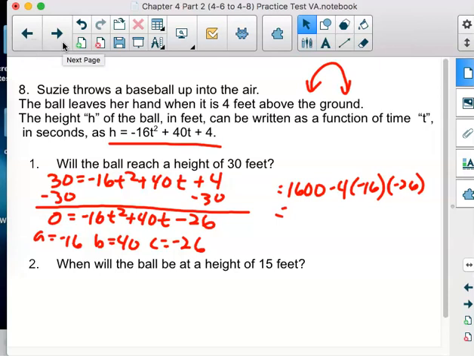So let's see what that comes out to be. A big mess there. 1600 minus parentheses 4 times negative 16 times negative 26. Negative 64.